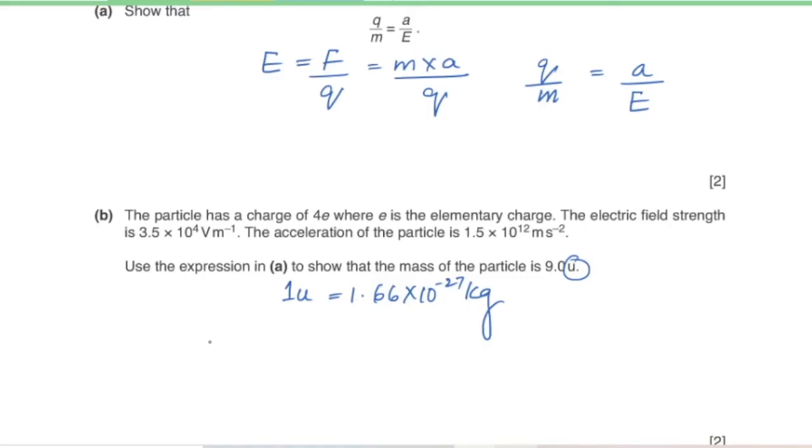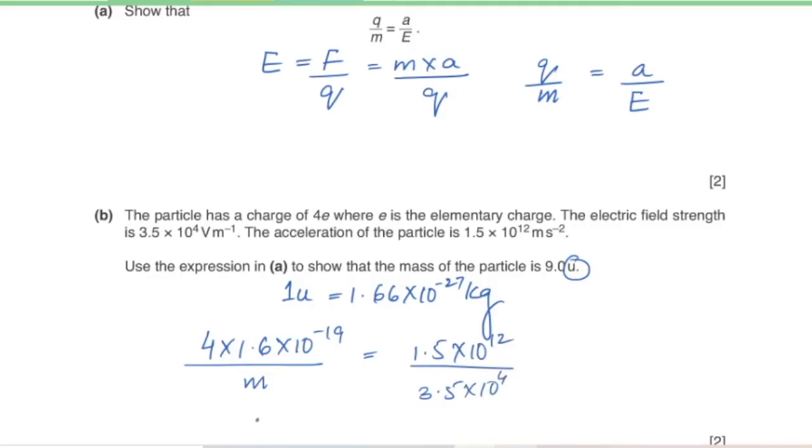So charge is of 4e. Every e contains 1.6 into 10 to the power of negative 19 coulombs of charge, divided by the mass, is equal to acceleration, 1.5 into 10 to the power of 12, divided by the electric field strength.